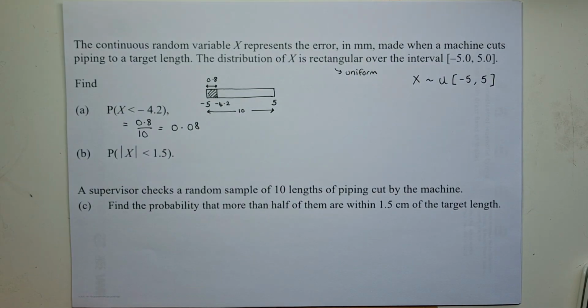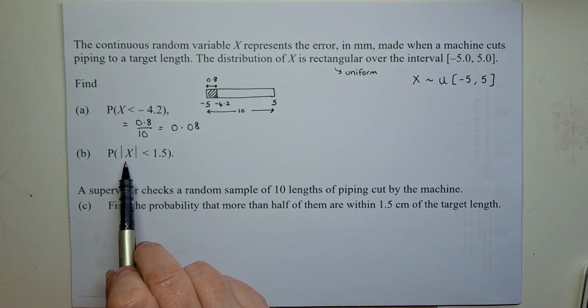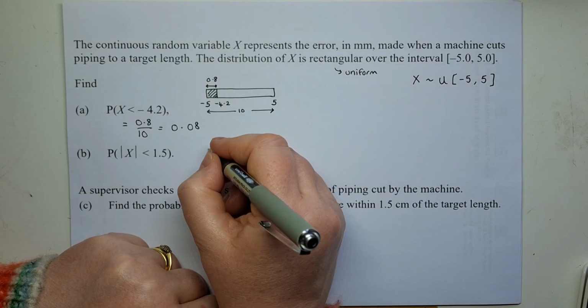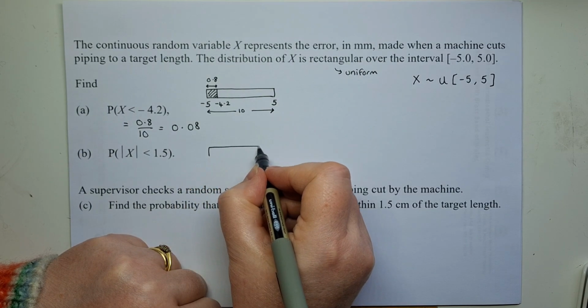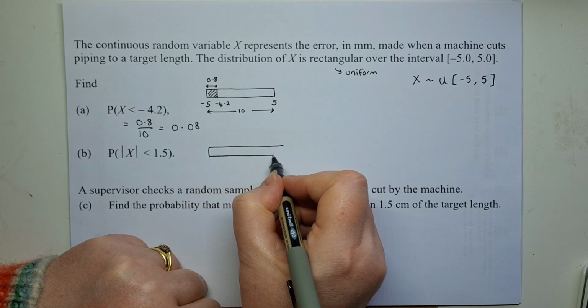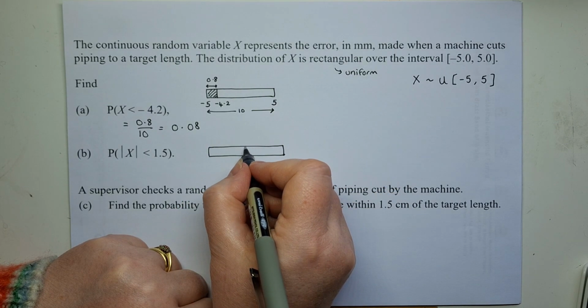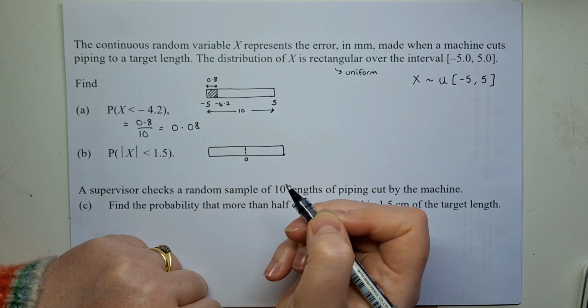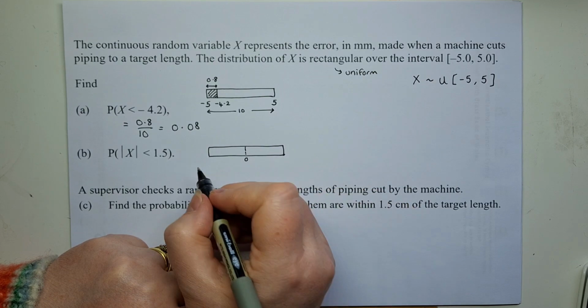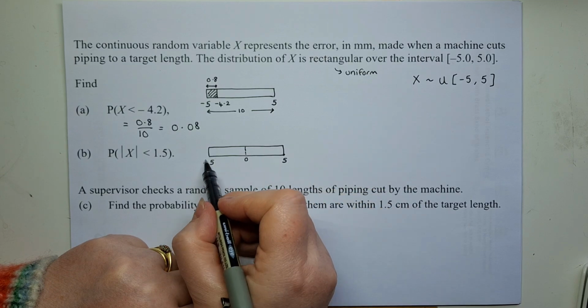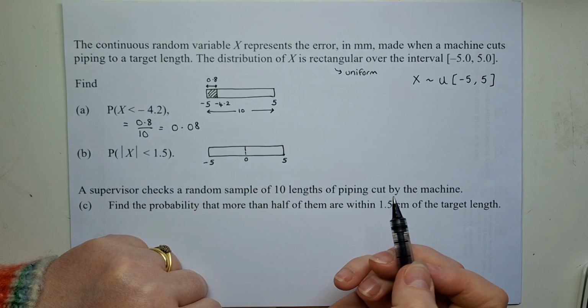Okay, the second question says, what's the probability that the modulus of x is less than 1.5? So they've given us it in symbols. They could equally say in words. They might say something like the magnitude of the error made is less than 1.5 millimetres. Okay, so remember you could have anything from 5 too short to 5 too long.